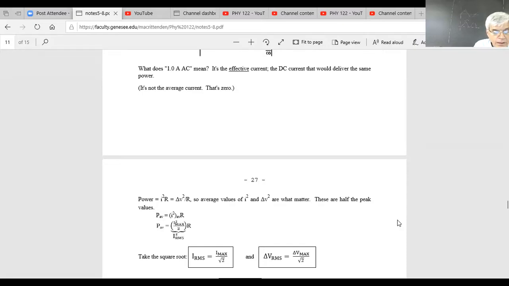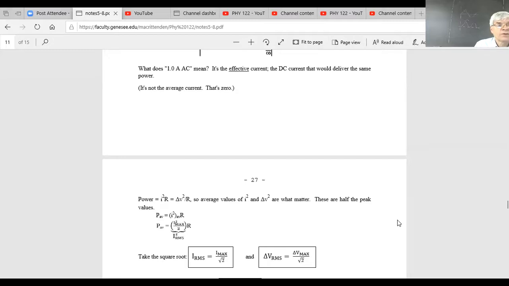So anyhow, what did I write here? Average power is equal to the average value of I squared times R. Since power is I squared R, average power is I squared average times R. And as I just got done saying, the average value of I squared is half of the peak value.